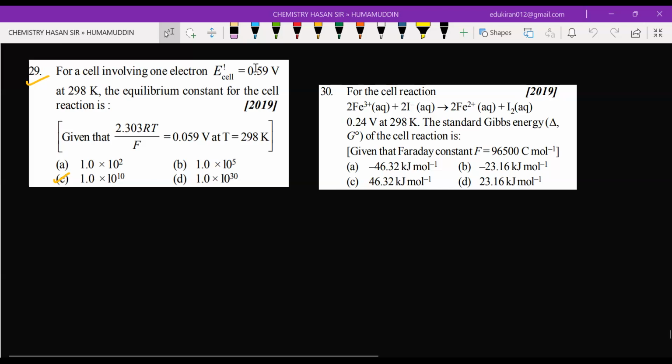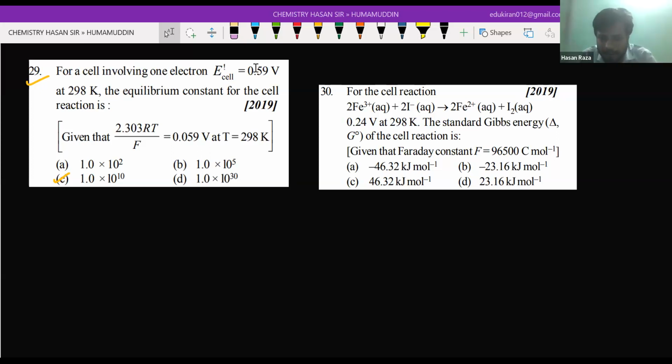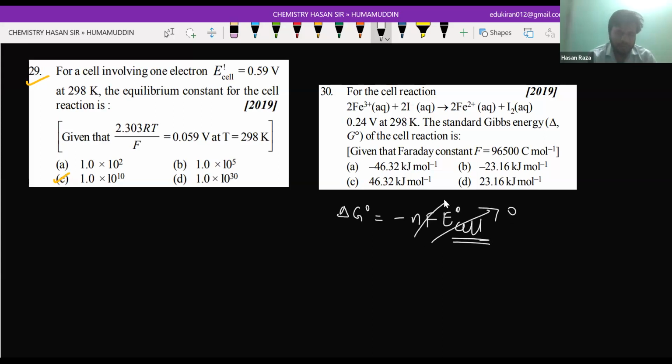Will you be able to solve this? Yes, sir, but this is not an equilibrium question, right? No, it's not equilibrium. It is basically based upon the Gibbs free energy. We need to calculate the delta G naught now, and I had given a formula for delta G naught that is equal to what? So the value of this is also given. You know the value of this, and from the equation you can easily calculate the value of n.